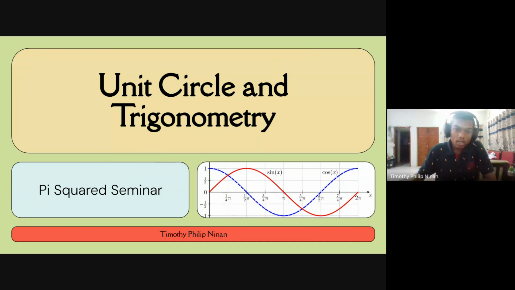Okay, so it's unit circle and trigonometry. The reason most of us joined today is that we want to know what the unit circle and trigonometry are. I personally had a lot of difficulty learning trigonometry in class 11th. From 10th class in CBSE to 11th class, there's a big difference.